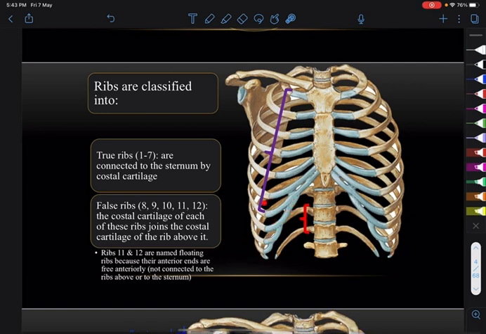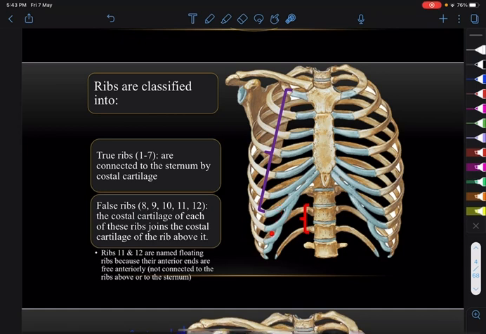So الكوستال كارتلج of rib 8 متصل بالكوستال كارتلج of the rib 7, and the costal cartilage of the rib 9 is attached and connected to the costal cartilage of rib 8, which is attached to the costal cartilage of rib 7, and so on.